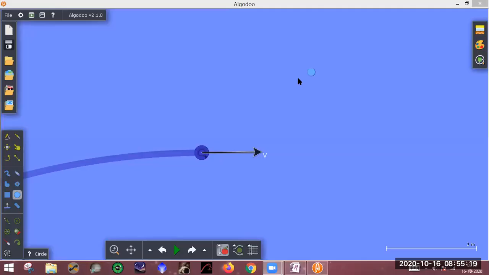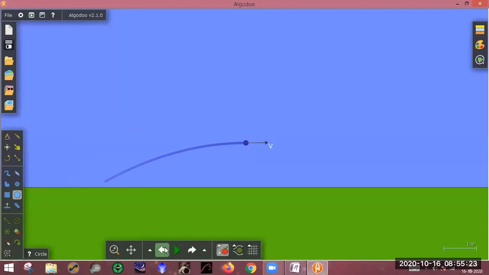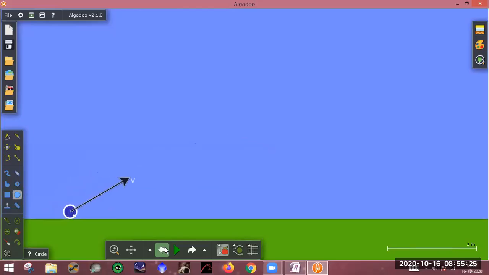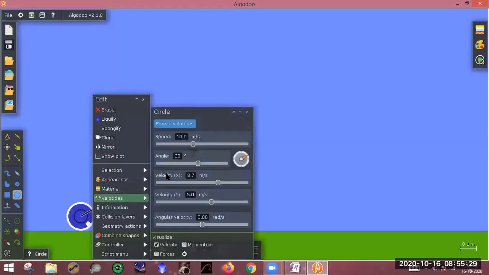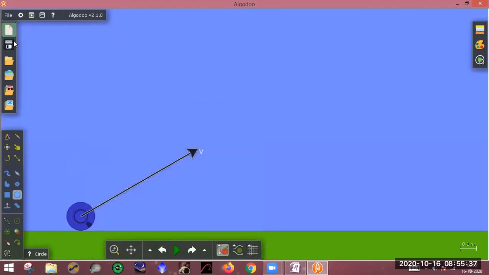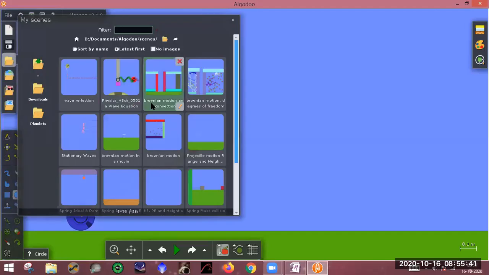Okay, right. So I was saying that if right now I'm throwing this at a speed of 10 meter per second, that's the initial speed, and the angle is 30 degrees. Let's take another case where we are throwing multiple objects.